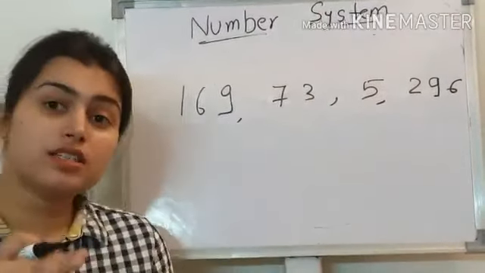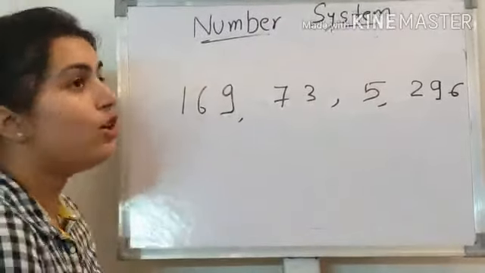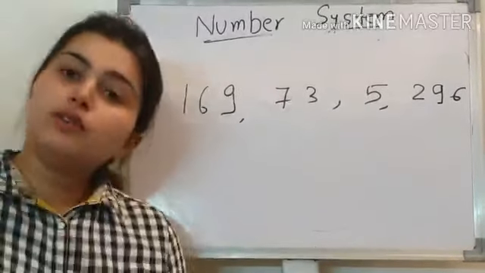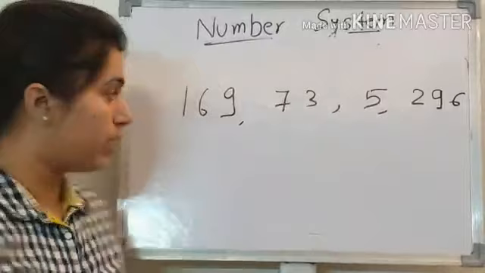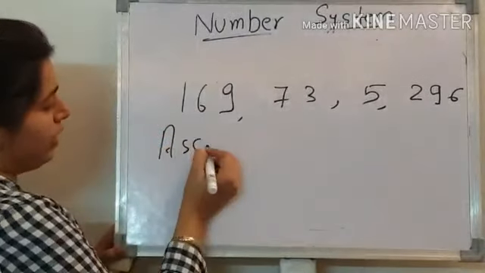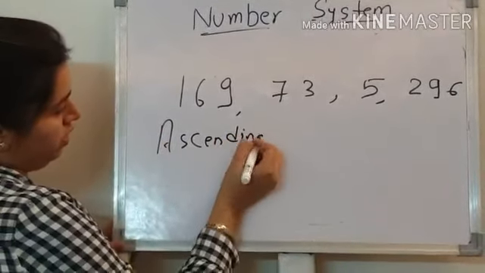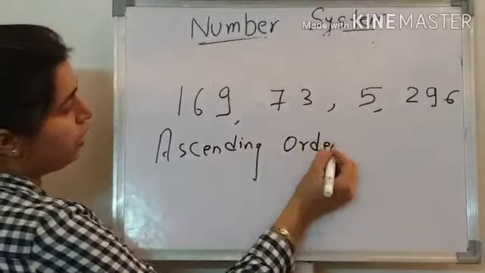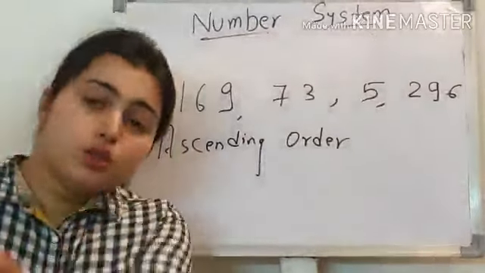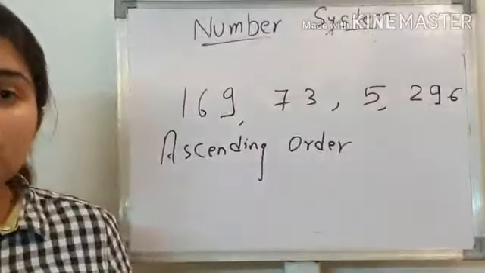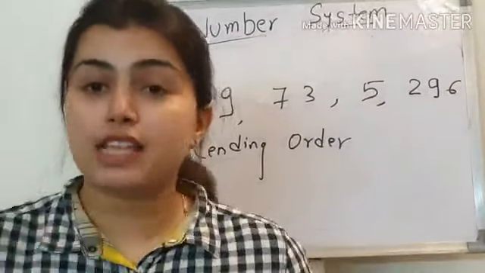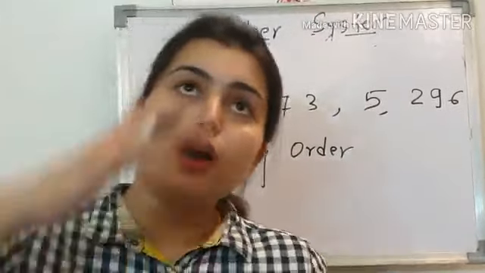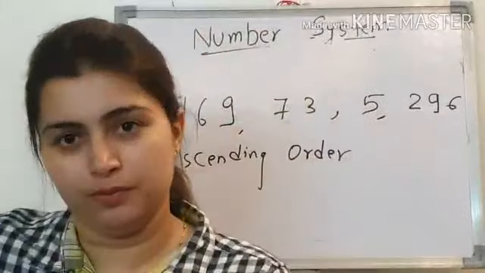The first one is ascending order. Ascending order means small to big. In ascending order, we arrange from small to big. And the second order is descending order. In descending order, we arrange from big to small.